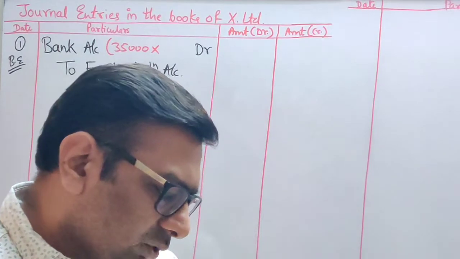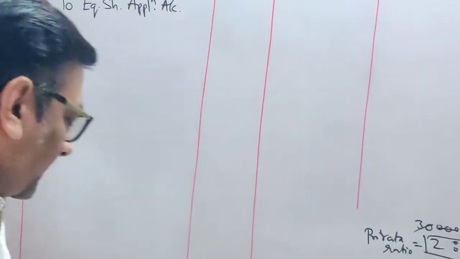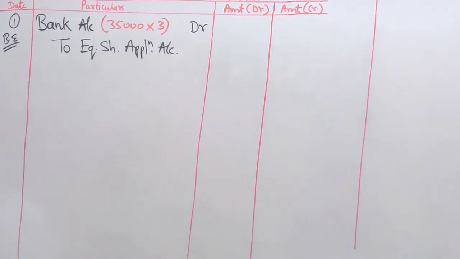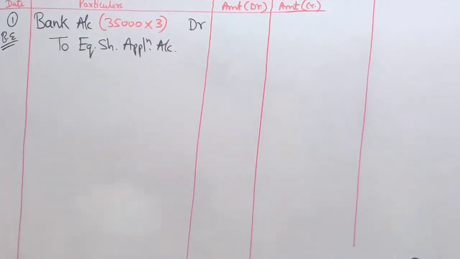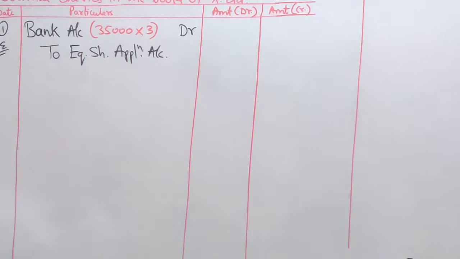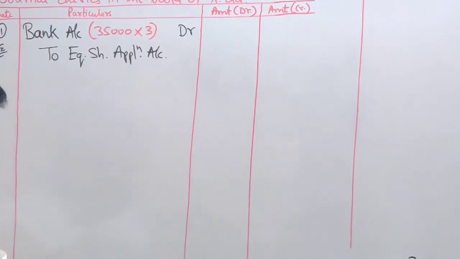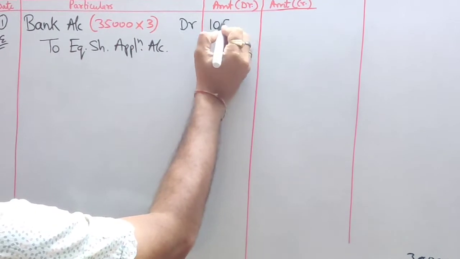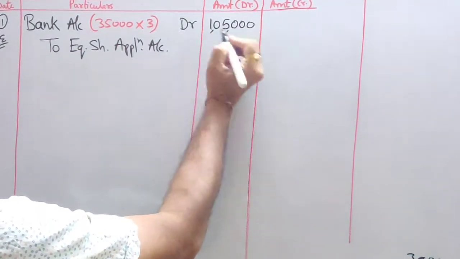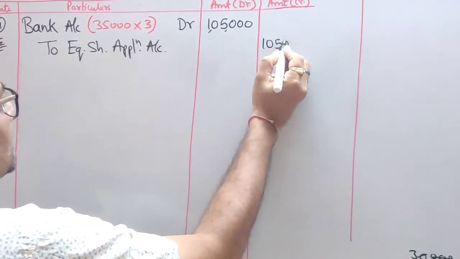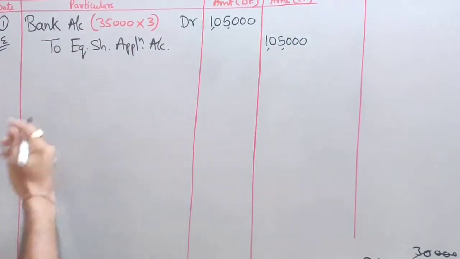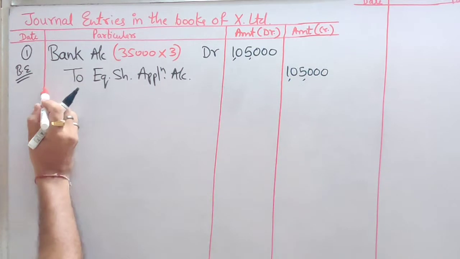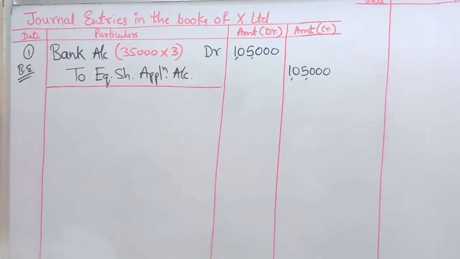Let's check in the question, what is the application money given? 3 rupees. So into 3. This will give you the amount of application money received. So 35,000 into 3, 1,05,000. So this is the amount which we have received along with the application form. So this is your entry number 1.